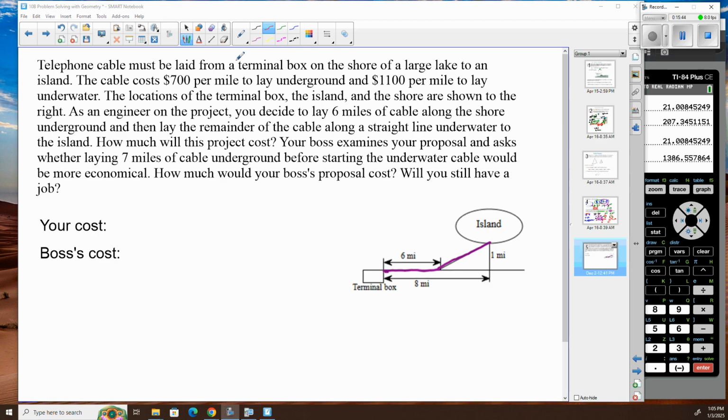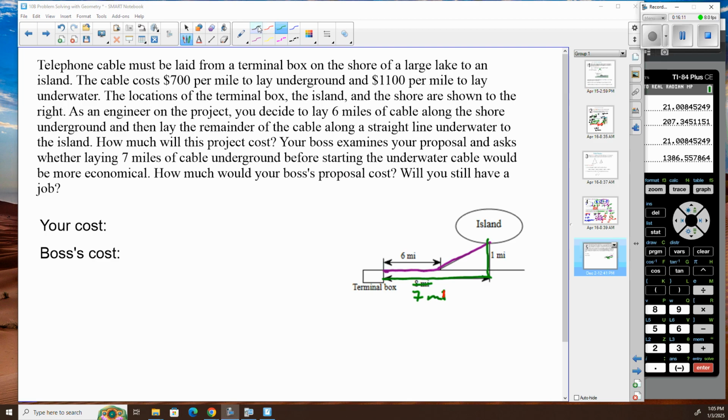It looks like my picture doesn't match the words up here, so I'm going to change the picture because it says you're going to do 7 miles for the boss. Okay, so here's the boss's. You go 7 miles this way, and then after you go 7 miles that way, then you go straight up 1 mile underwater.